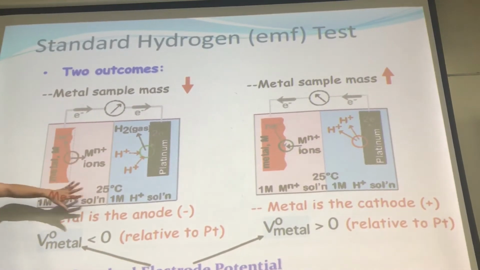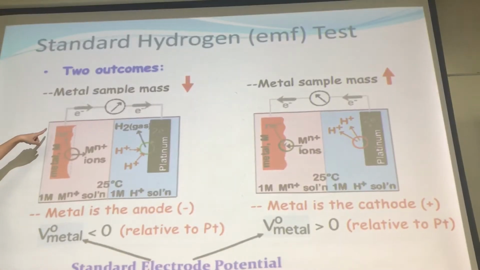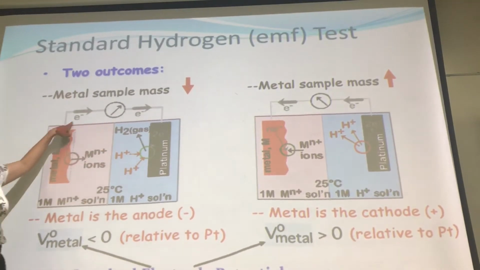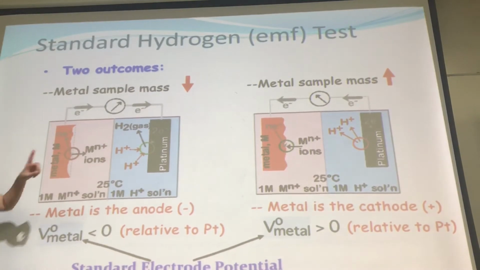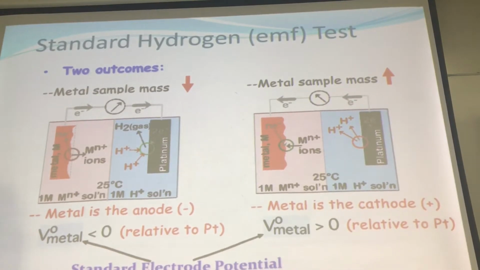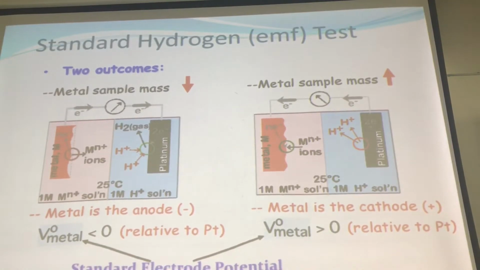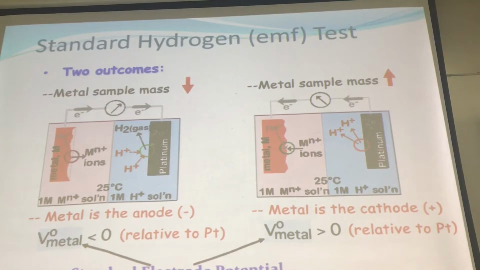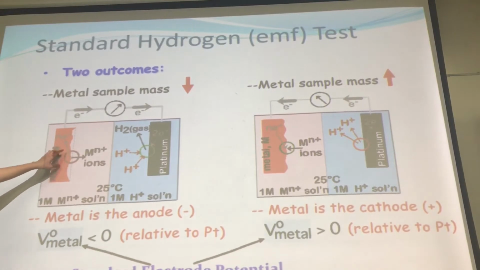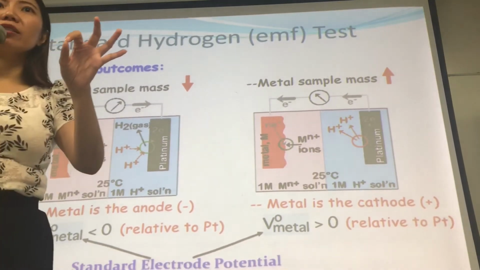So one electrode, and I connect it to the platinum electrode. And then ions are moving and electrons are moving. What I need to do is check the voltage. If electrons are getting out of this metal, that means this metal is called anode or cathode?